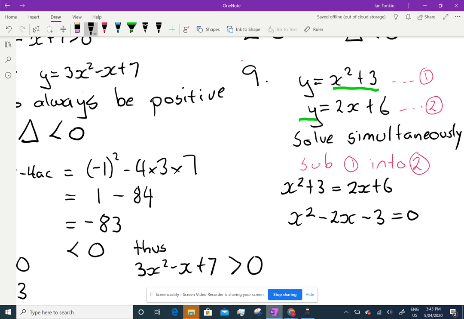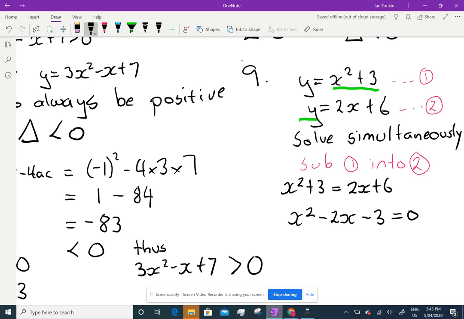Now, I could try and solve this and find the solutions and say, there you go, there are the 2 points. But the question didn't say find the 2 points. It just said show that it had 2 solutions, or it touched it twice.